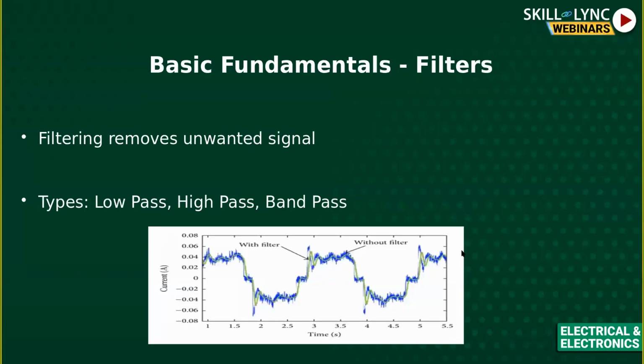Now coming to some of the concepts used here, filtering is one of the most important concepts in signal processing. This filtering basically removes any noise or unwanted signal from your system. Here you can see in this example, we have a graph of a typical current versus time signal.